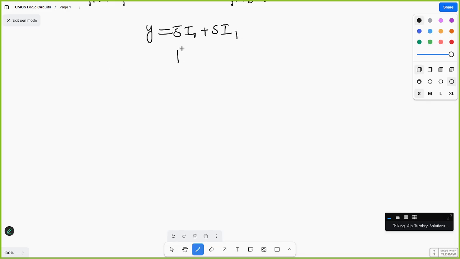Okay, so this is VDD, and next S bar I0 means AND operation. PMOS will be what? Parallel, no? So this is the PMOS for S bar I0.